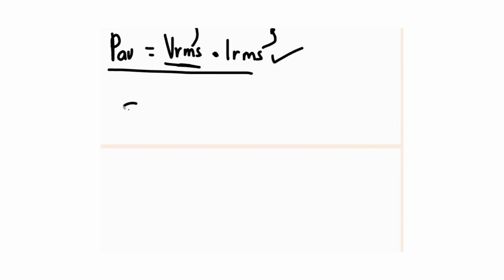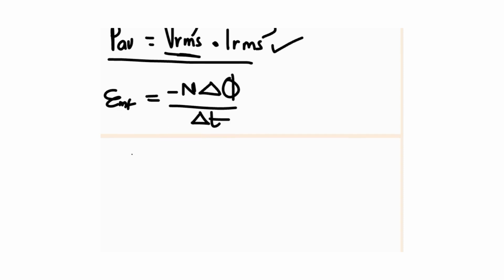I'm going to take us to grade 11 when we did Faraday's law, which was EMF equals to the number of rotations times the change in the magnetic flux divided by the change in time. According to Faraday's law, we know that EMF is directly proportional to the number of rotations, which is N, meaning the faster the rotation, the more EMF you have.